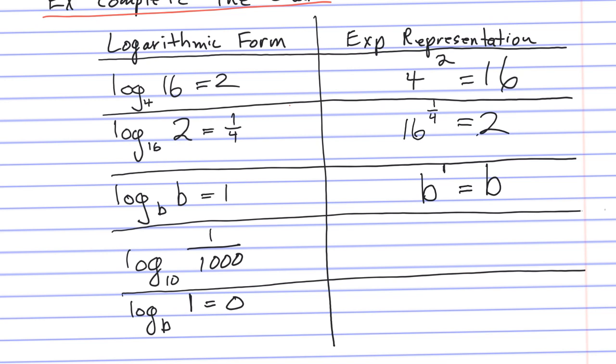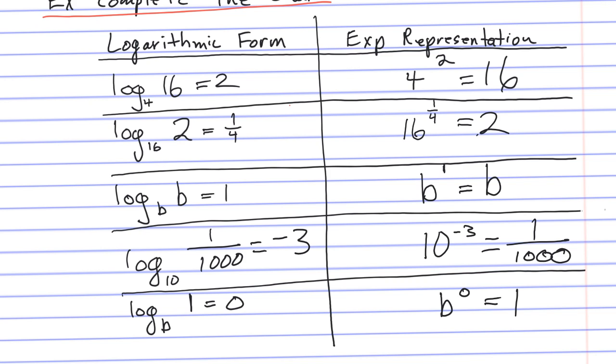For the next one, we have log base 10 of 1 over 1,000 is equal to, I'll tell you what that is. That's -3. So basically you're going to say 10 to the -3 is equal to 1 over 1,000. And for this last one, we have b to the exponent 0 is equal to 1.